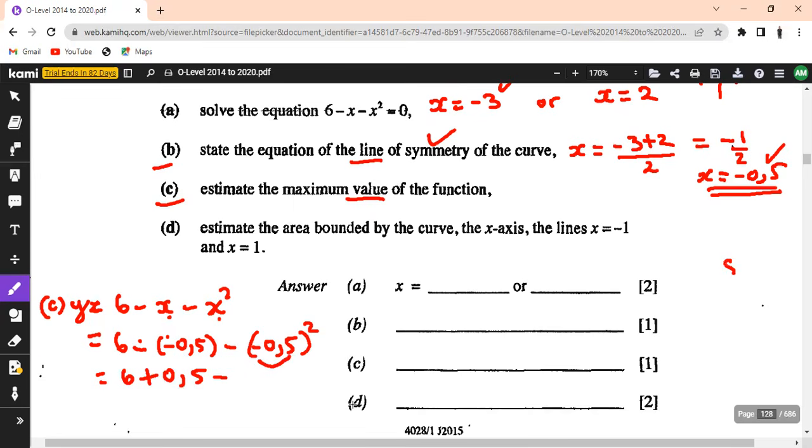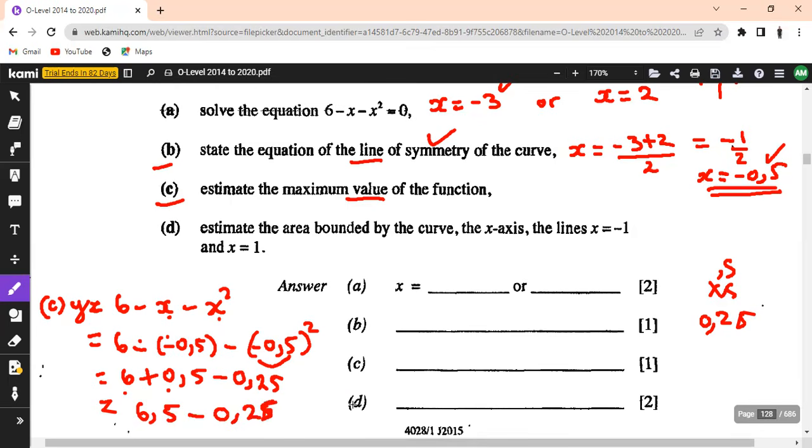You simply multiply 5 times 5, which is 25. How many decimal places are you going to have? There are going to be 2, because it's 0.5 times 0.5, so it's going to be 0.25. So you subtract 0.25 at the end. If I add these two, it's going to be 6.5 minus 0.25. This one gives you the exact value.